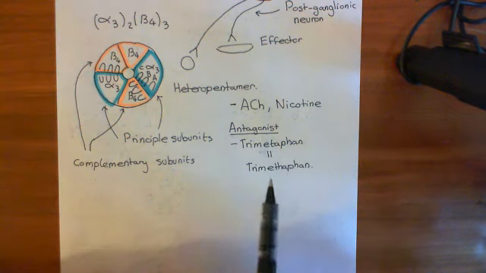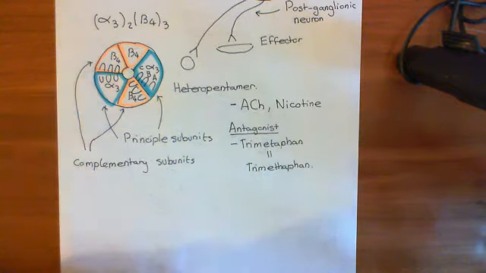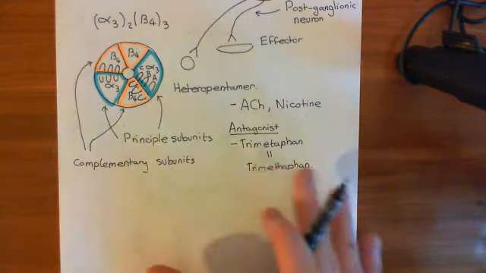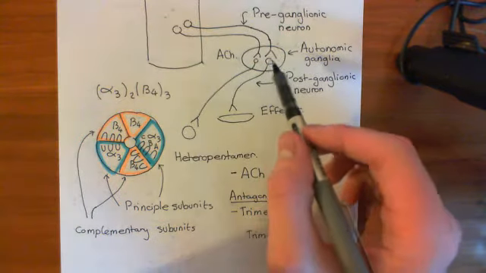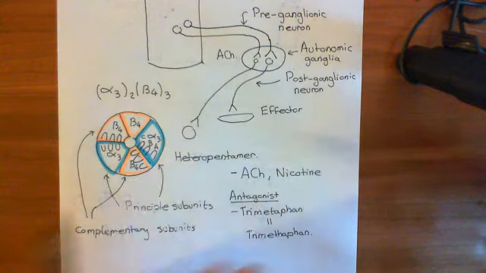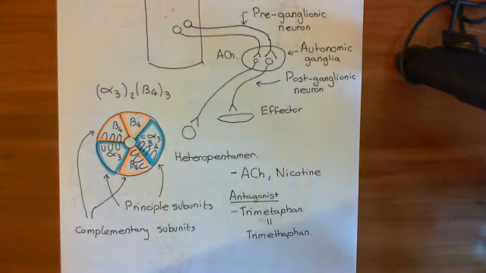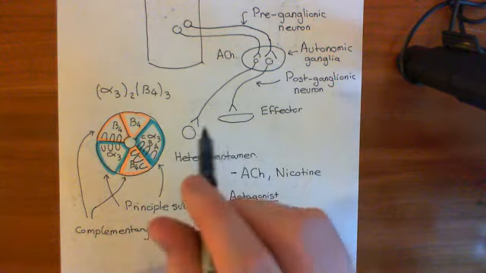And this drug is a competitive antagonist. All it does is bind to these acetylcholine binding sites and stop the acetylcholine from being able to bind. So if you take trimetaphan, it will bind to these alpha-3-2 beta-4-3 heteropentamers on the postganglionic neurons in the autonomic ganglia, and it will stop acetylcholine from being able to bind.